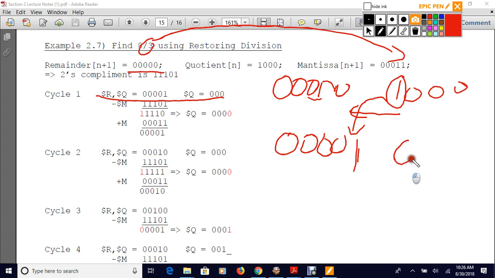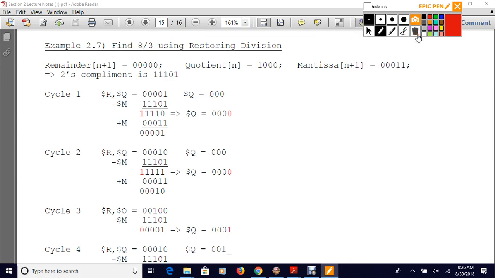That most significant bit became the least significant bit of the remainder, which is why the notation is R, comma, Q, because that line is actually containing a portion of the quotient.